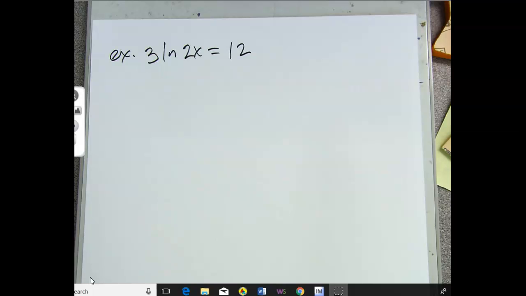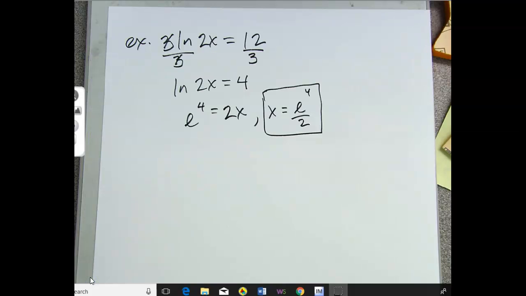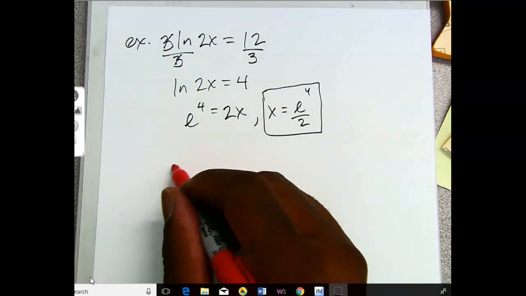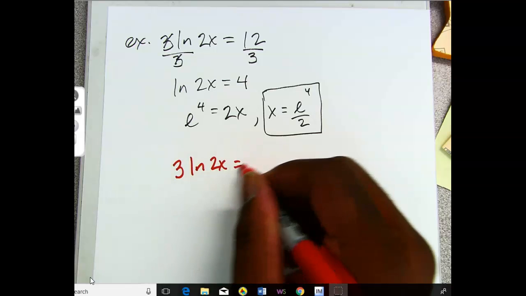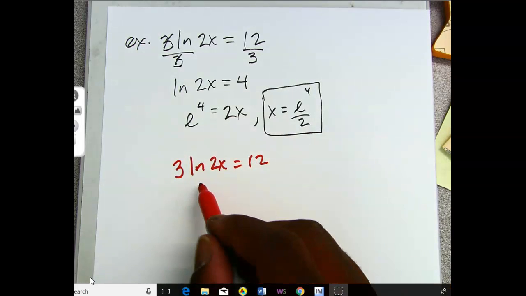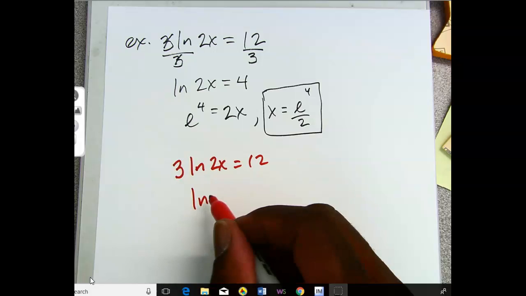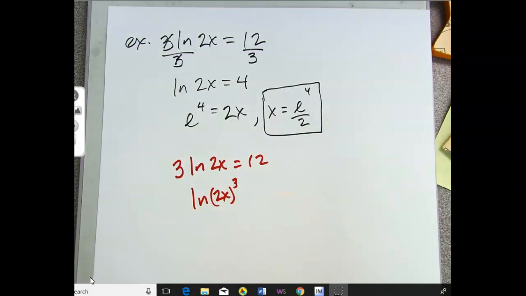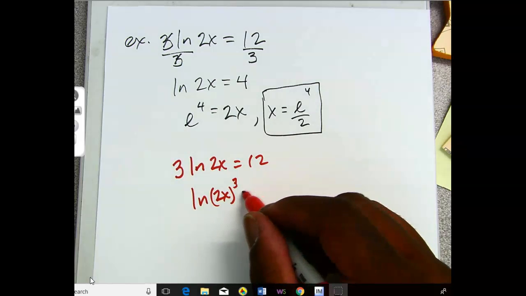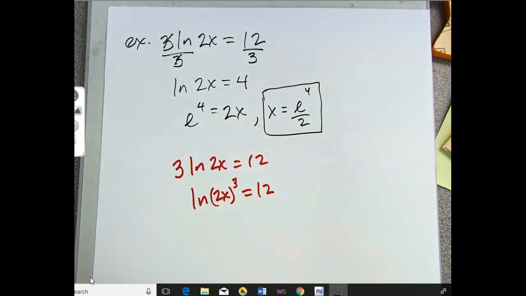All right, so when you use the power rule, you've got to be a little careful. Using the power rule, we rewrite this as the natural log of 2x to the third. Both of those terms have to be raised to the third power, and that's equal to 12.